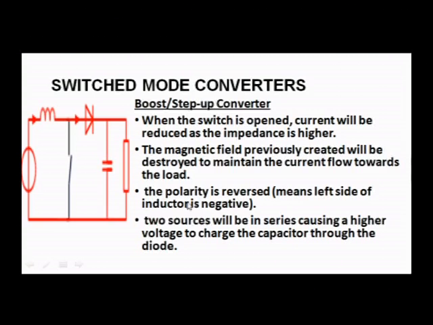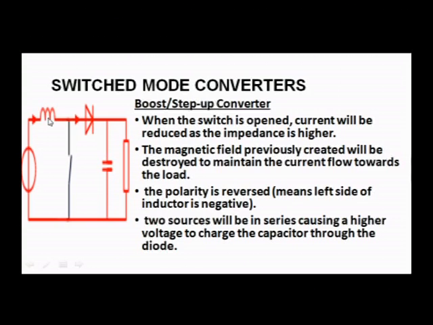Okay, so that is why the two sources will be in series, causing a higher voltage to charge the capacitor through the diode. Okay, they are in series, they are working in tandem. So, when the switch is open, current will be reduced as the impedance is higher. I am talking about the current through the inductor, and the magnetic field previously created will be destroyed to maintain the current flow towards the load.